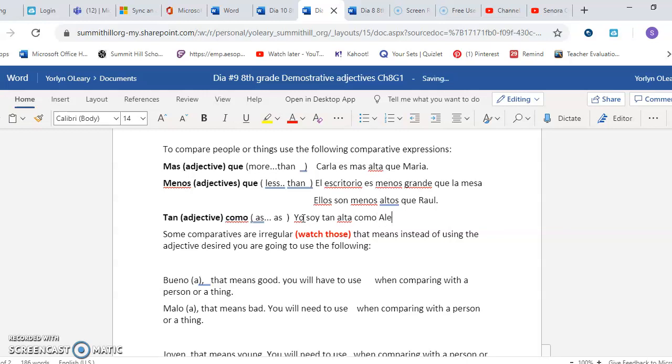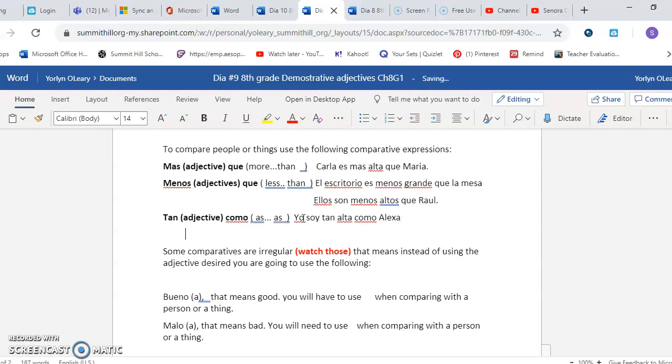Como Alexa. Yo soy tan alta como Alexa, alrighty? Or I could use a different subject. I could say, Emily es tan alta como, let's see, como Grace, okay? Those are examples of how to use it.